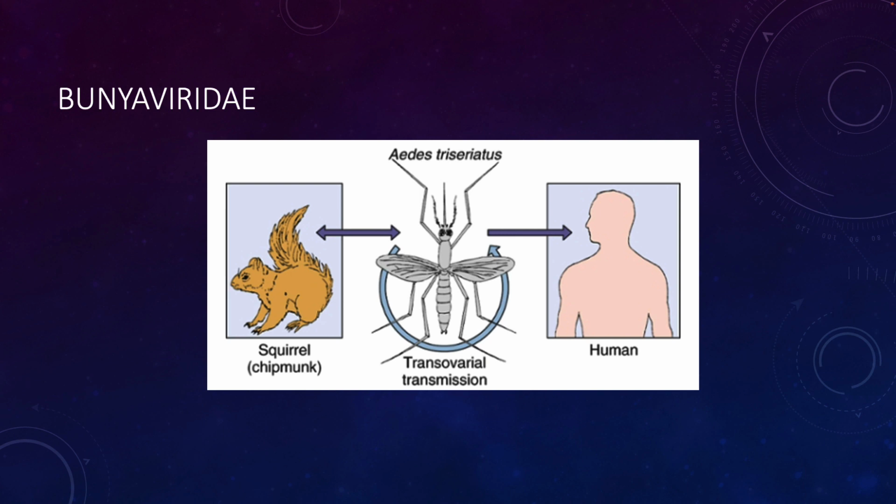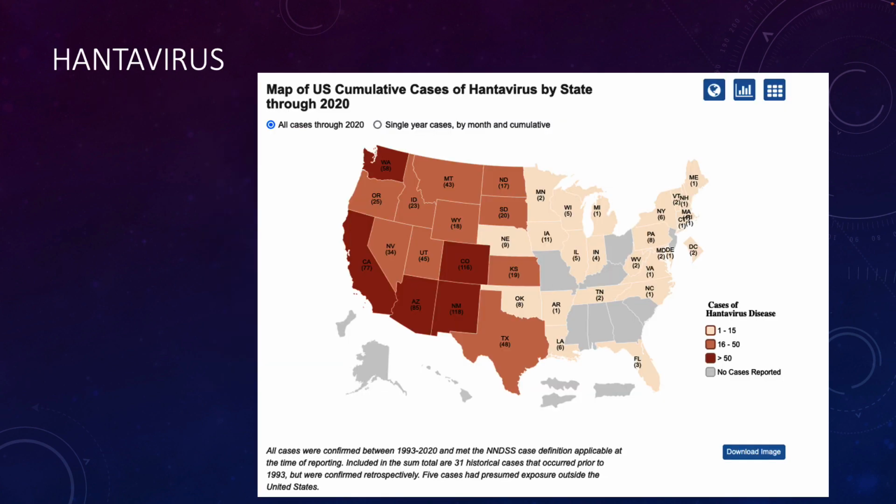Hantavirus is really the only one we're going to talk about in a little bit of detail, because it can be found in the United States. This is a map that spans 1993 to 2020, so about 27 years of the cumulative hantavirus cases.